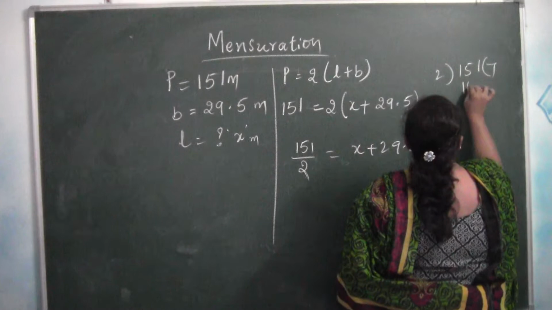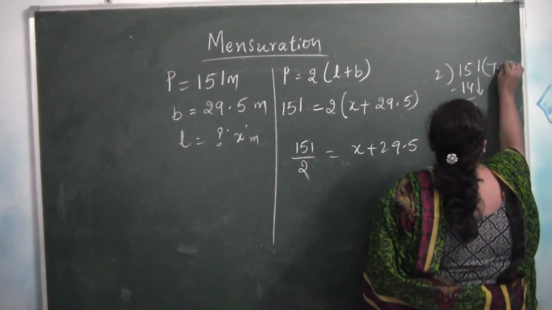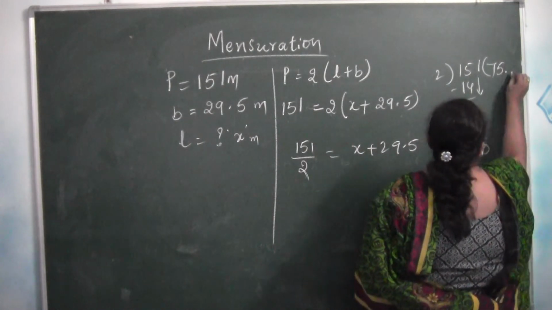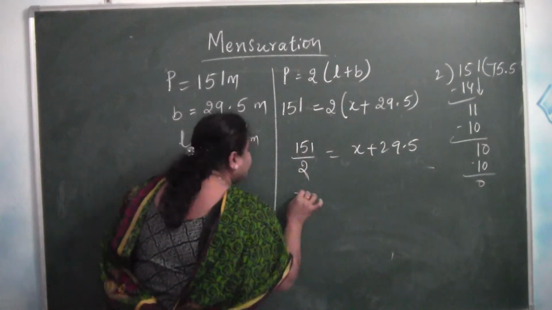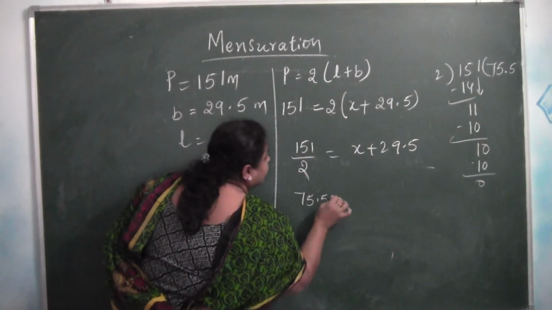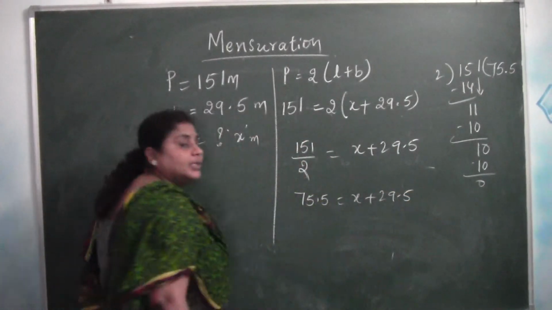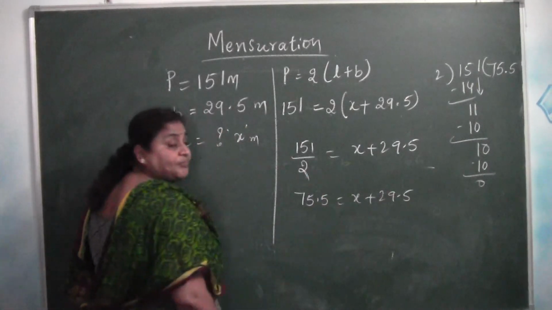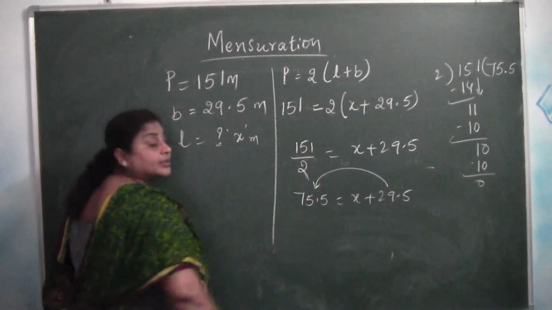2 sevens are 14. Drop 1 down. 2 fives are 10. 1.0. 2 fives are 10. So what is my answer? 75.5 is equal to x plus 29.5. Now what I will do, I will leave x here only and I will get 29.5 to this side.